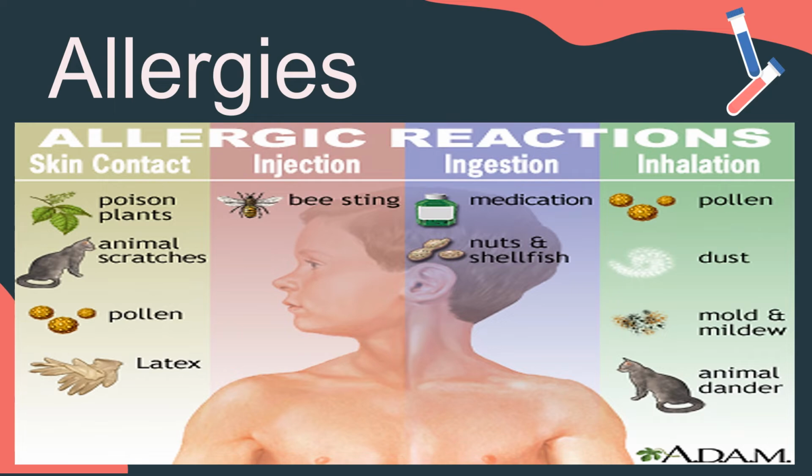You can have an allergic reaction also through inhalation. So when you inhale pollen or dust, mold and mildew, animal dander. So allergies are usually caused by infections or any type of pollution that can trigger asthma symptoms.